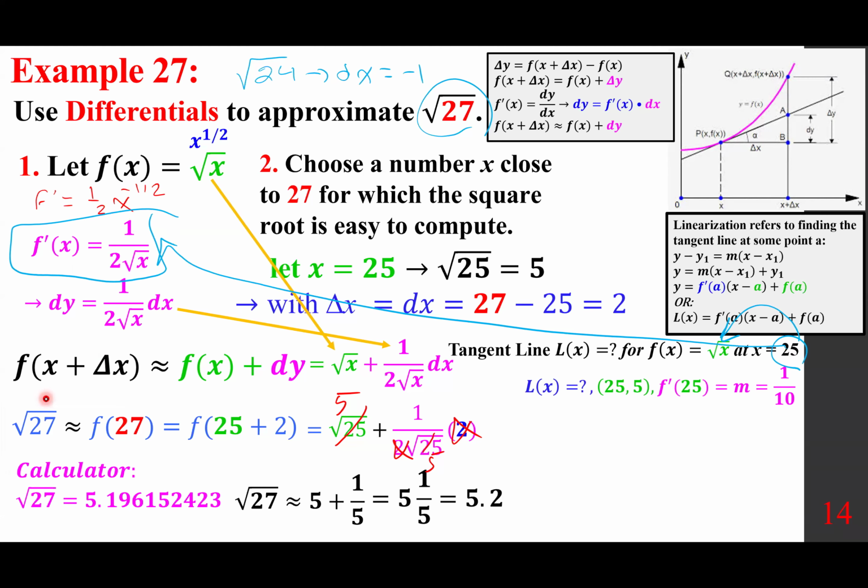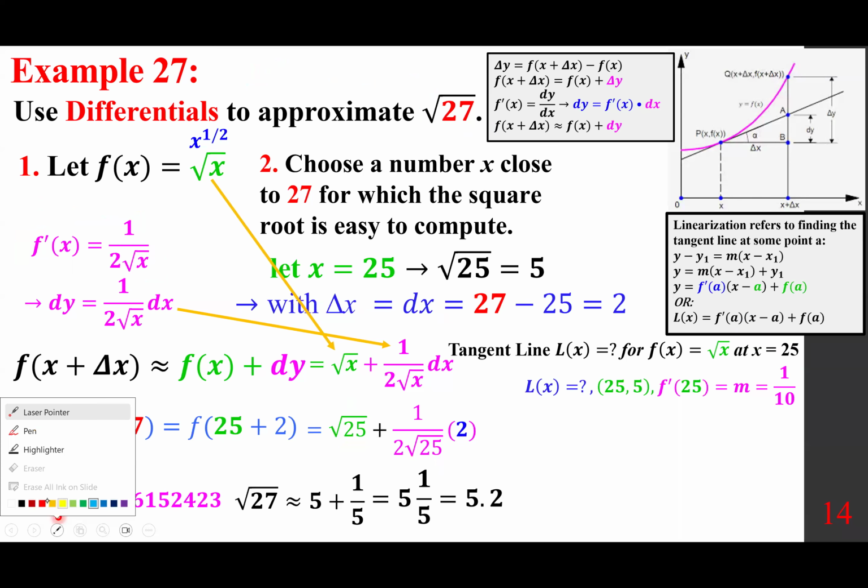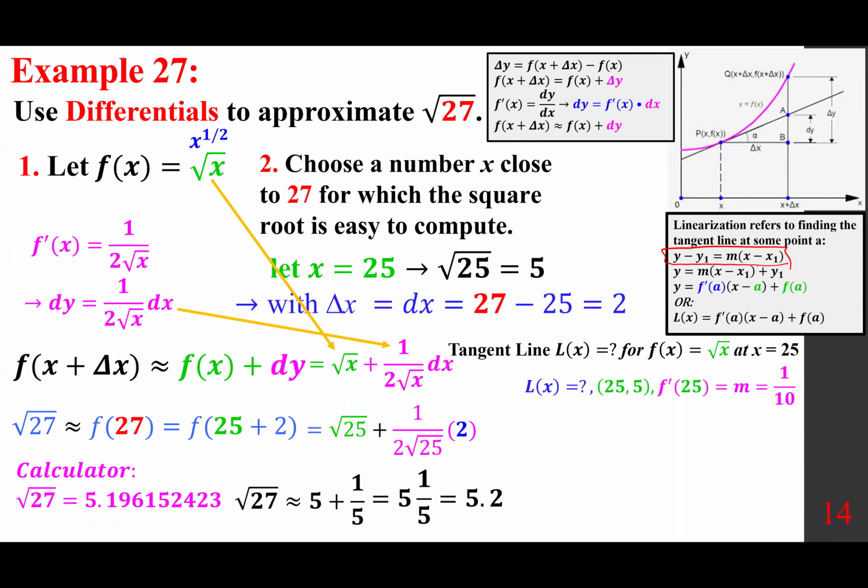Now y minus y1. We are going to go with the easy way out. In other words, you don't have to memorize the formula for L of x, just the point slope. So y minus 5 is 1/10 times x minus 25.